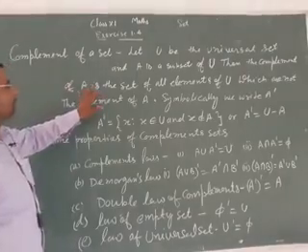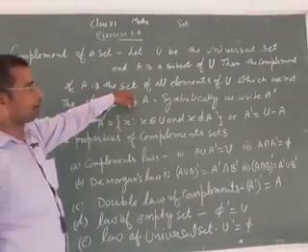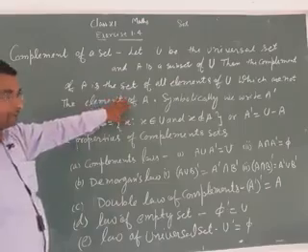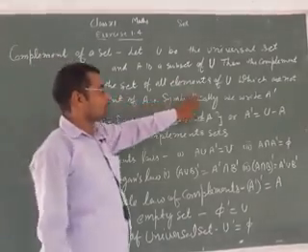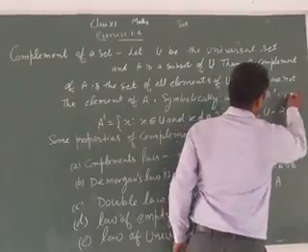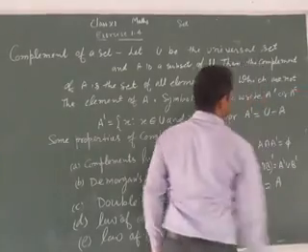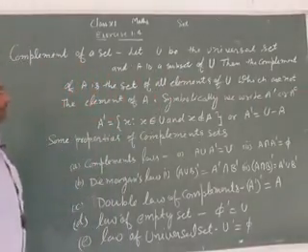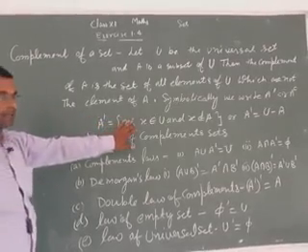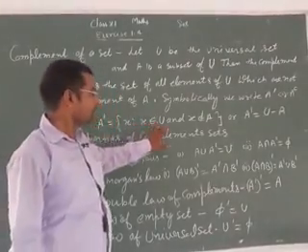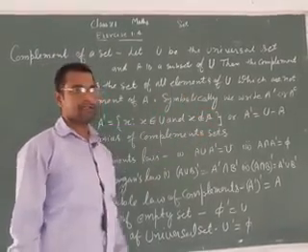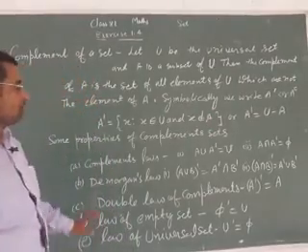Then the complement of A is the set of all elements which are not present in set A. It is denoted by A dash or A power C, A' or A^c. Symbolically, A dash is X such that X is an element of the universal set and X does not belong to set A. So A dash is equal to U minus A.